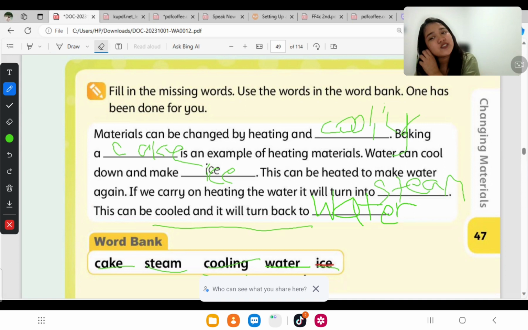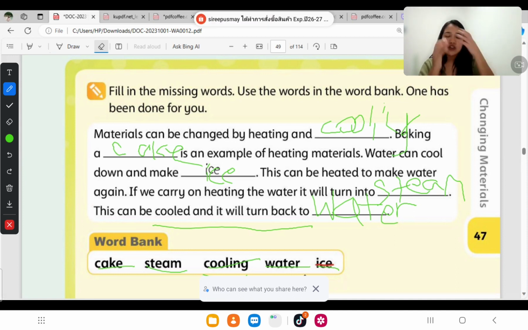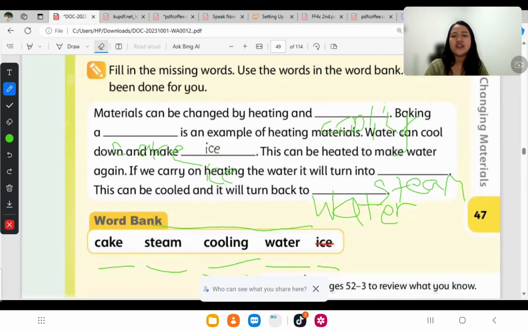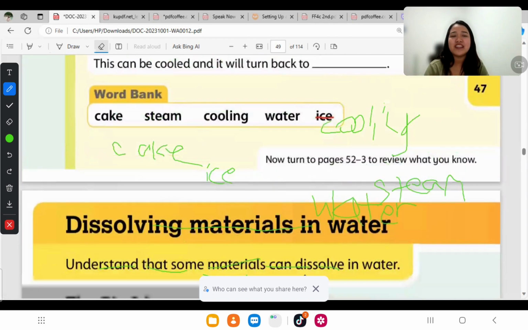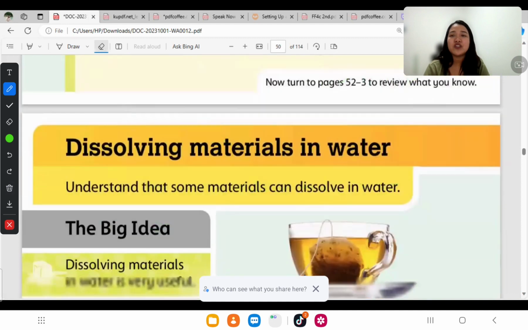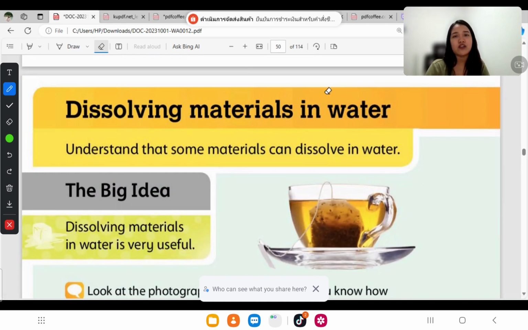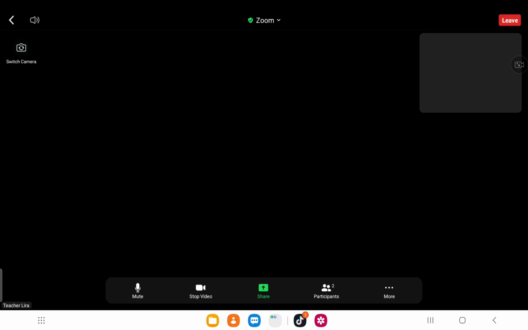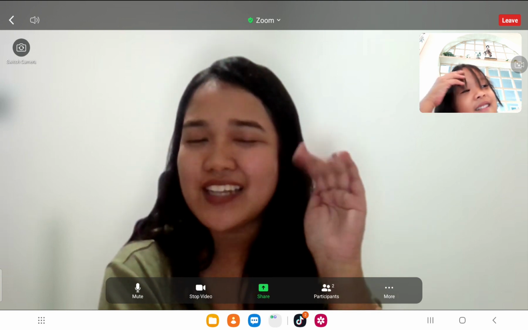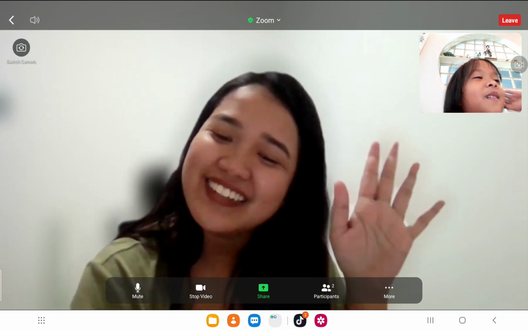It's 4:30 now, so we have learned, Isabel, about heating and also cooling, these two types of processes. We're going to continue our lesson tomorrow, learning about dissolving materials in water.